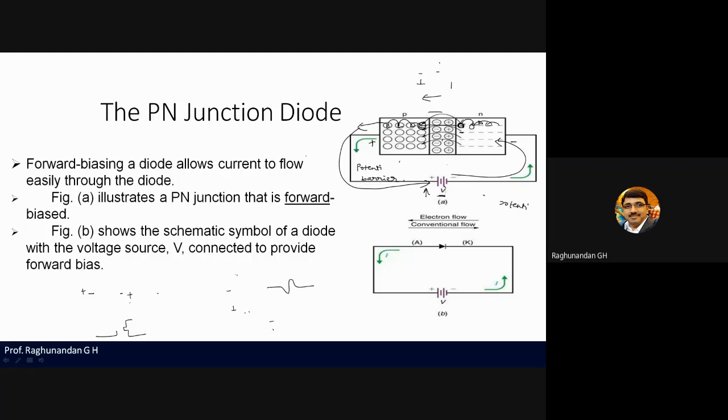This process keeps on continuing, such that the electrons flow from N layer to P layer, and the holes get shifted from P layer to N layer, which constitutes the current. The conventional direction of the current is from the positive terminal of the battery to the negative terminal, but the electron flow is opposite to the conventional direction. Okay, so this is what we have discussed for the forward bias condition.